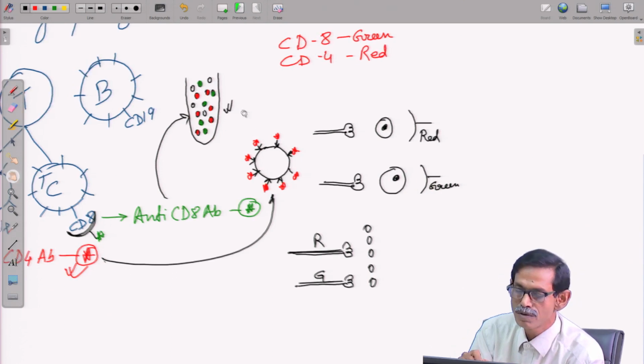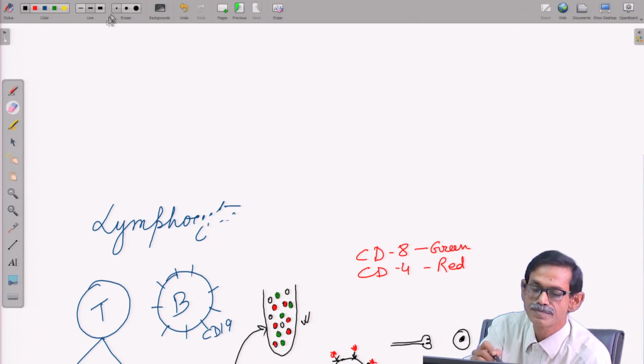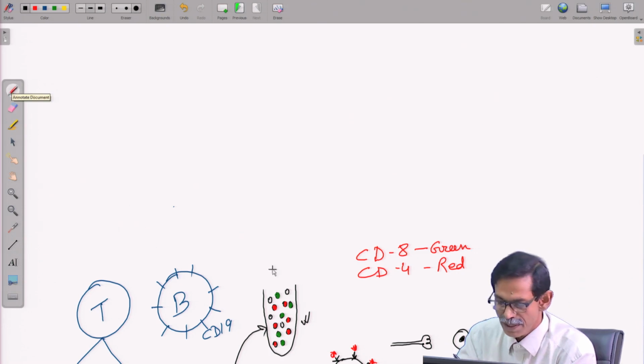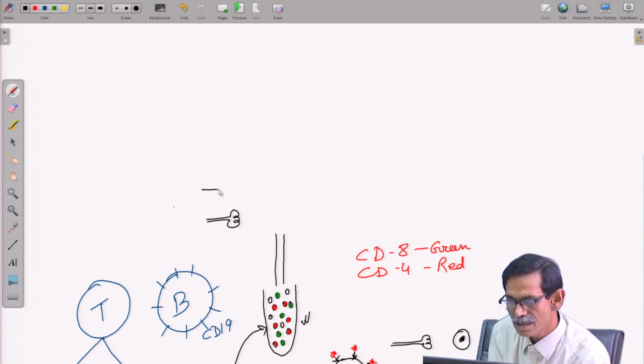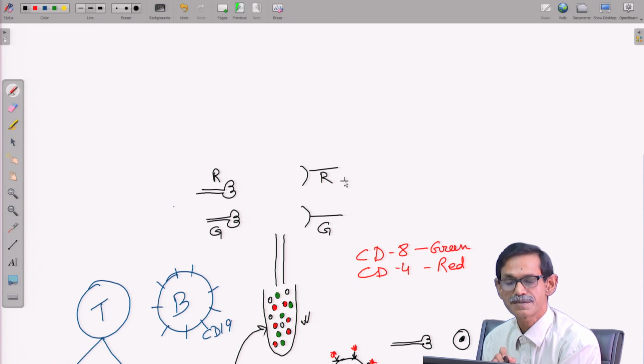Or if the cell is moving this way and the light sources are here, this is red, this is green, and the detectors are here. So, this is the green detector, this is the red detector.